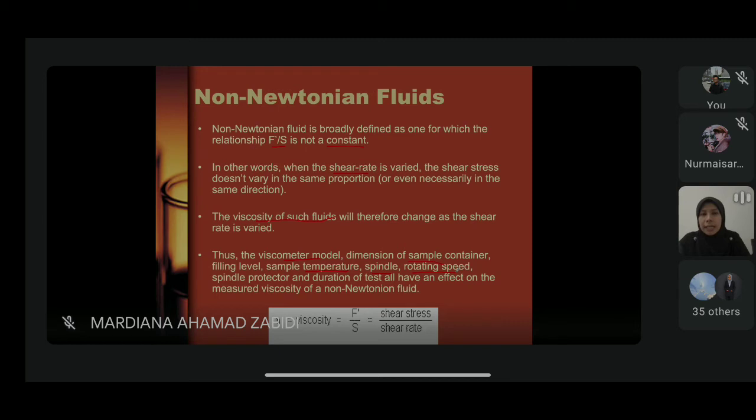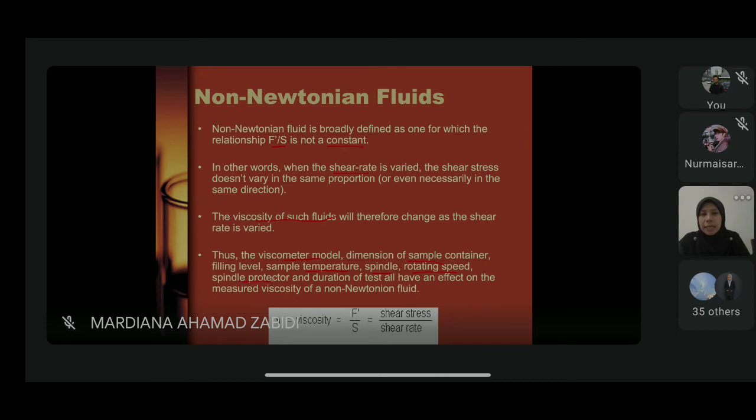But when you join industry, your company will have its own set of standards and specifications, the range of standard and specification for each type of product. That standard and specification in your industry is your regulation when you are going to perform viscosity measurement. Alright, and then the use of spindle protector.